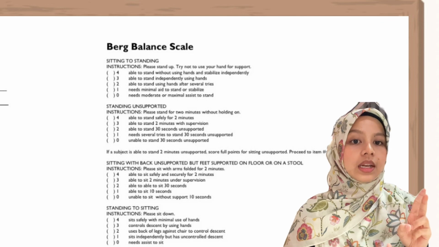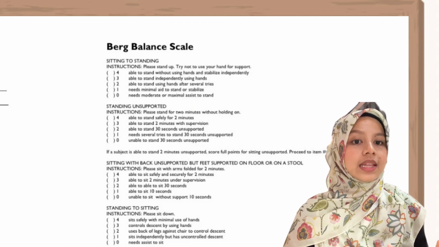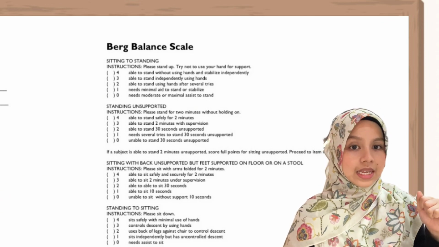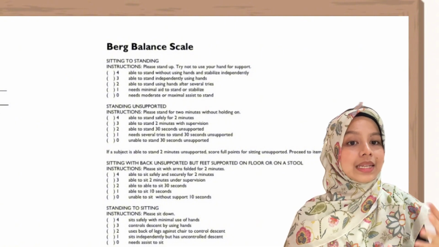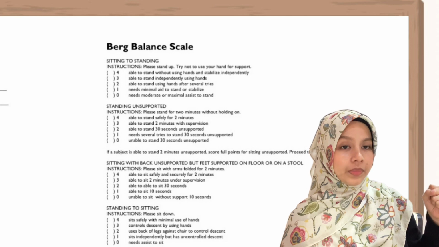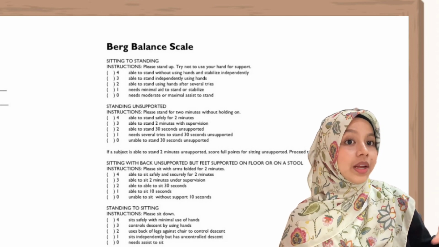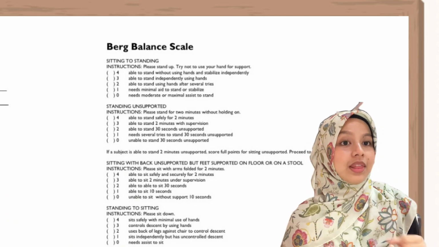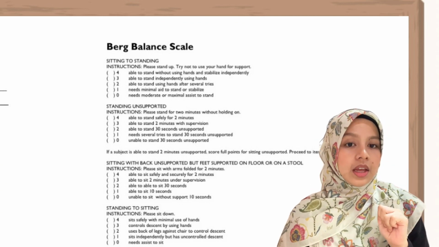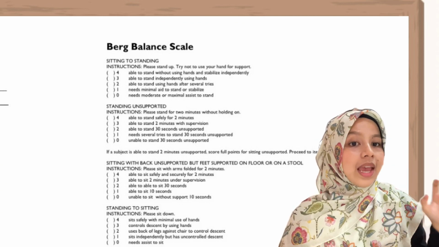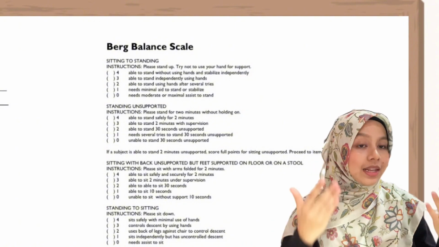Second, able to stand using hands after several tries. The third score is able to stand independently using hands. They can stand independently with the help of their hands. And fourth, able to stand without using hands and stabilize independently.